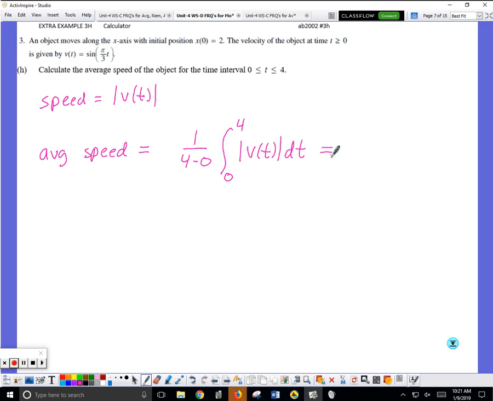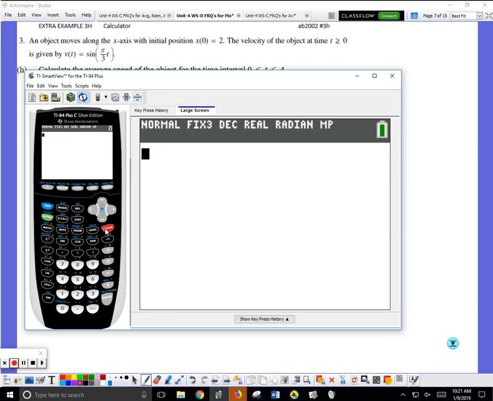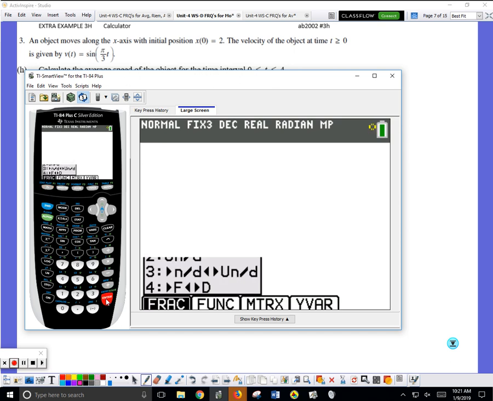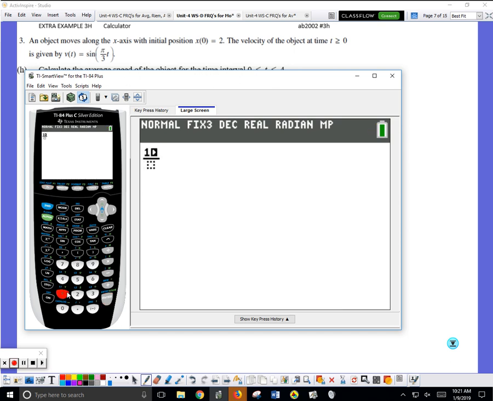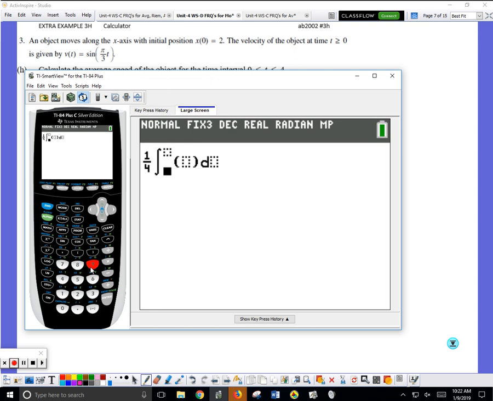On your calculator, that can be done with, let's see, fraction first. 1 over 4, integral, 0 to 4, absolute value. There are different ways to get absolute value.